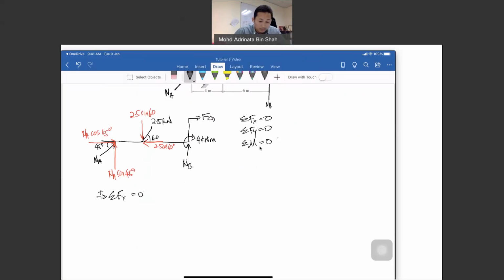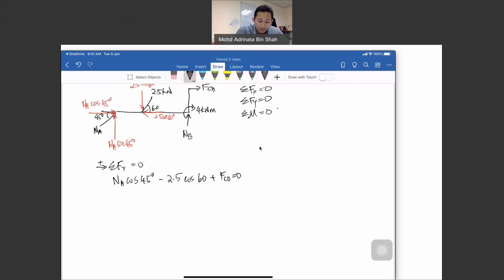NA cosine 45 degree minus 2.5 cosine 60, and FCD. We have two unknowns, NA and FCD, so we cannot solve our equation.